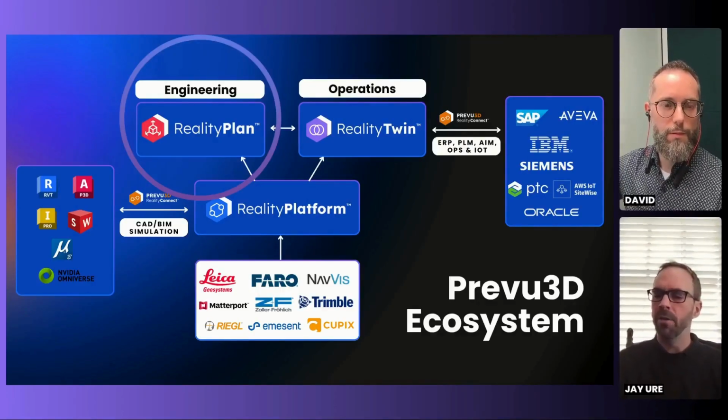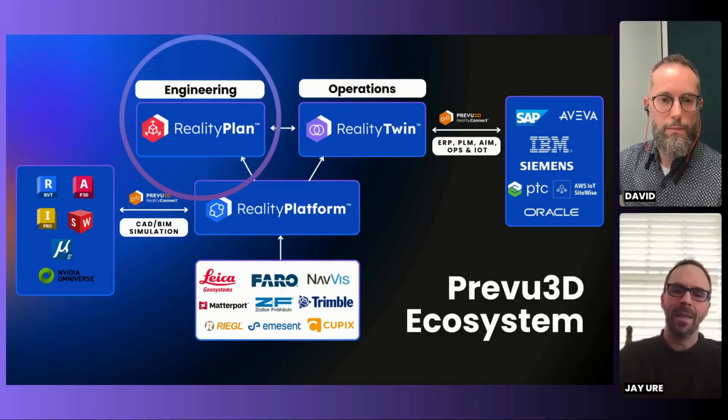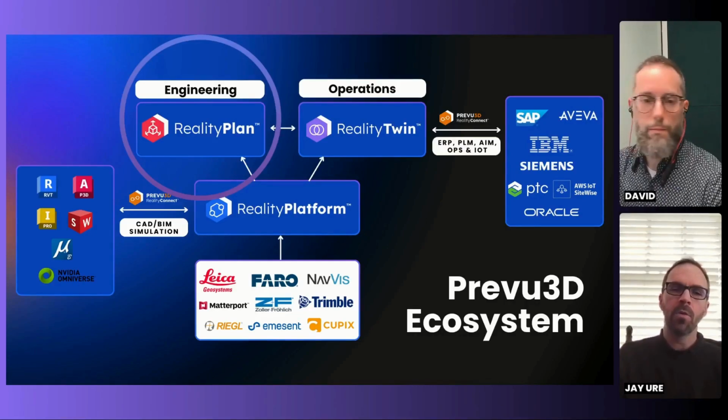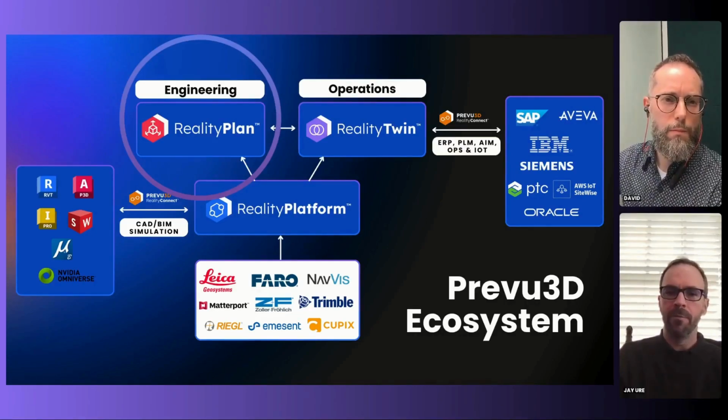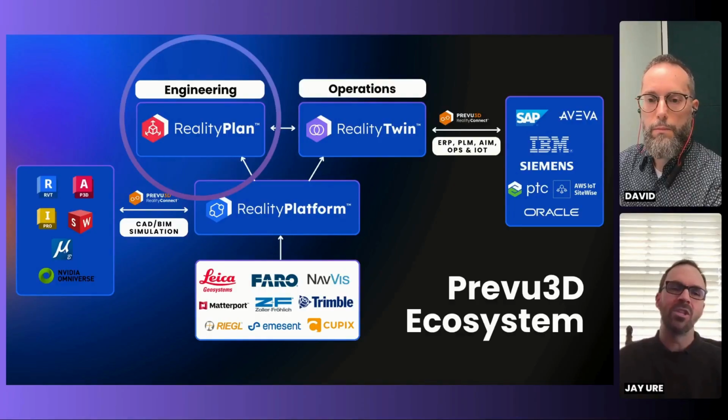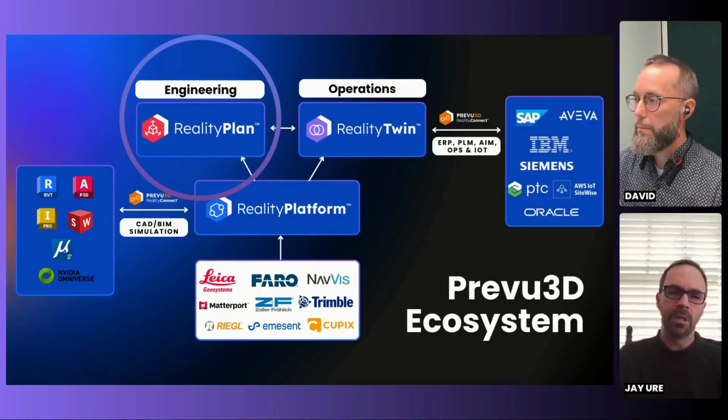Before we get started, I also want to focus on the ecosystem here. I want to make sure that we understand: today, we'll be focusing on RealityPlan, which is the engineering layout design tool with integration with CAD, BIM, and simulation tools.